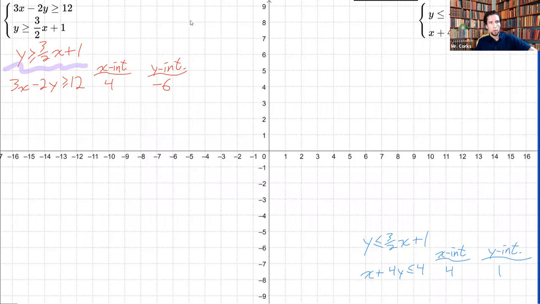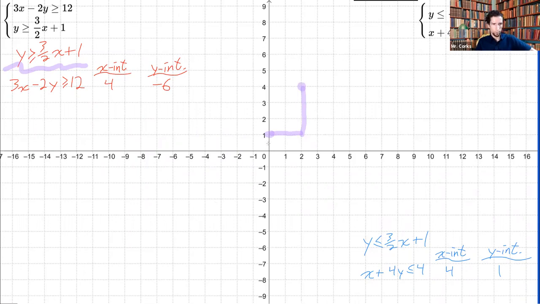We have our y-intercept is 1 here, and then our slope is 3 over 2. So that means if we go left 2 steps for x, delta y over delta x, then we go up by 3. So we'll go through this position here, that point, and that's 2 points.